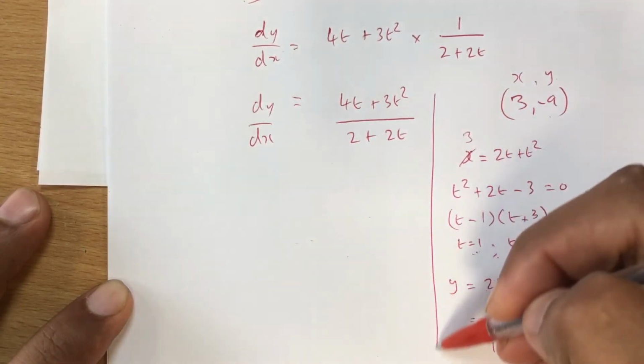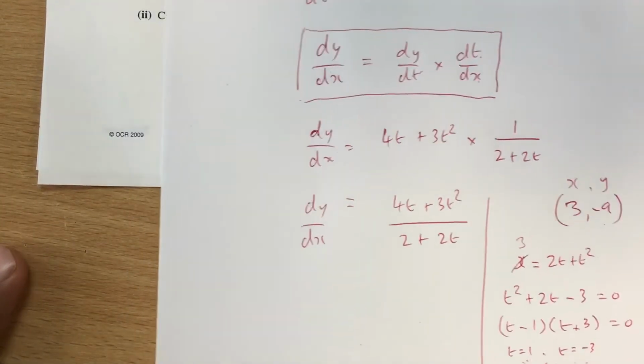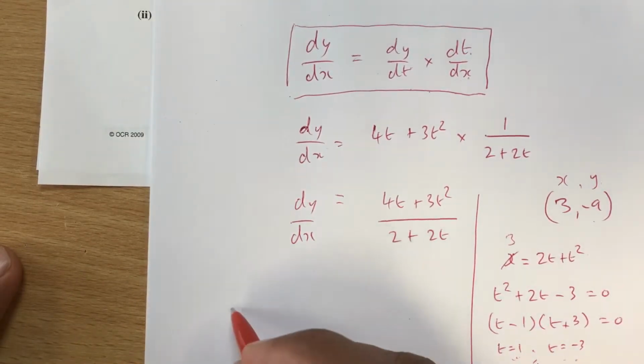Now I've found that t is minus 3, I can go back and answer the question.